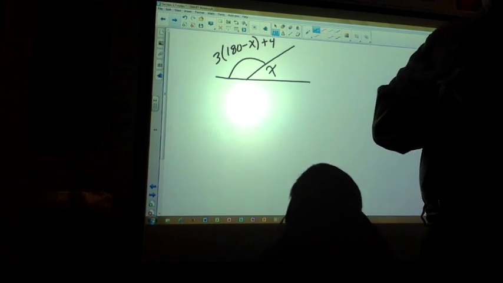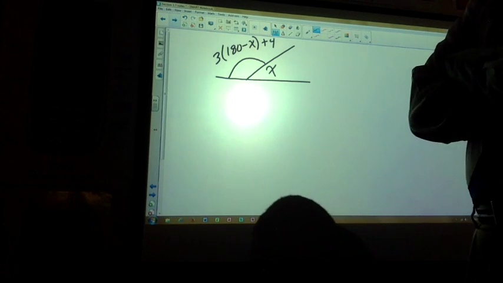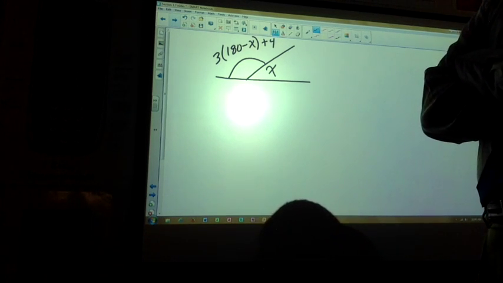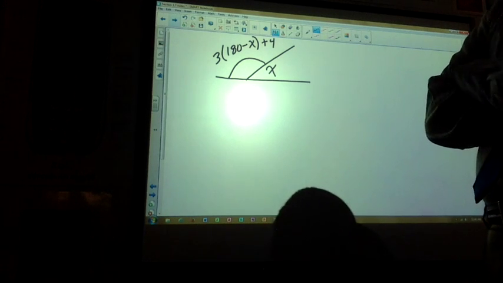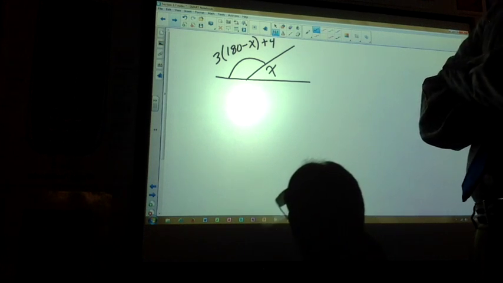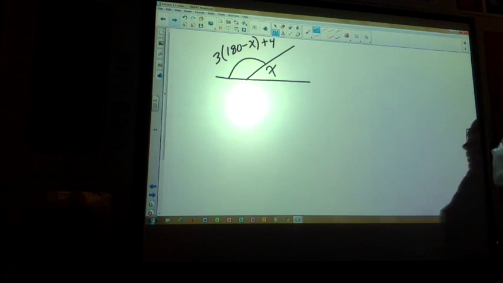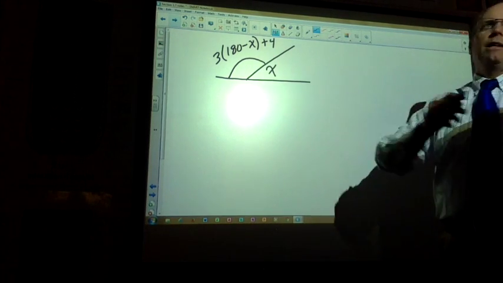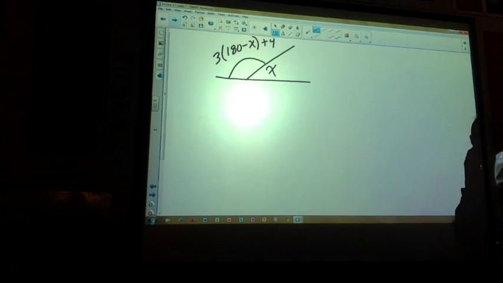The larger of two supplementary angles exceeds 3 times the smaller by 4. How do we solve it then once we get that? And how did I know this one was 180 minus x and that one's x? Well, 180 minus x is the supplementary formula.